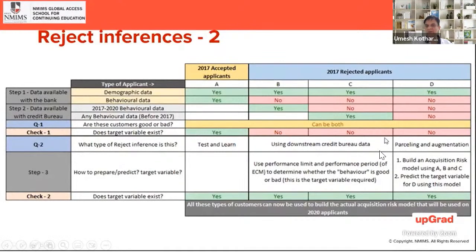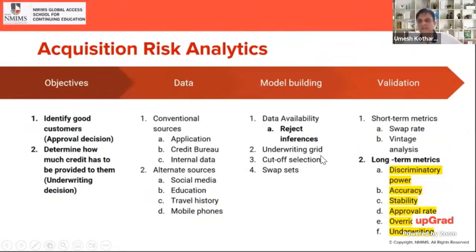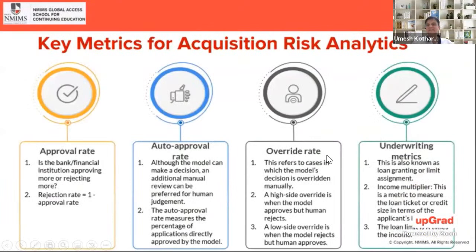That's downstream bureau data. And the first one is test and learn, because you've invested, you have the data, and you've been able to make a decision. Okay, very good.